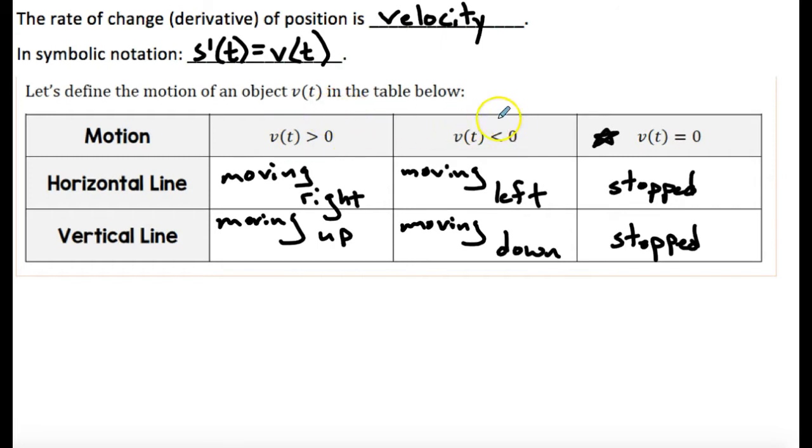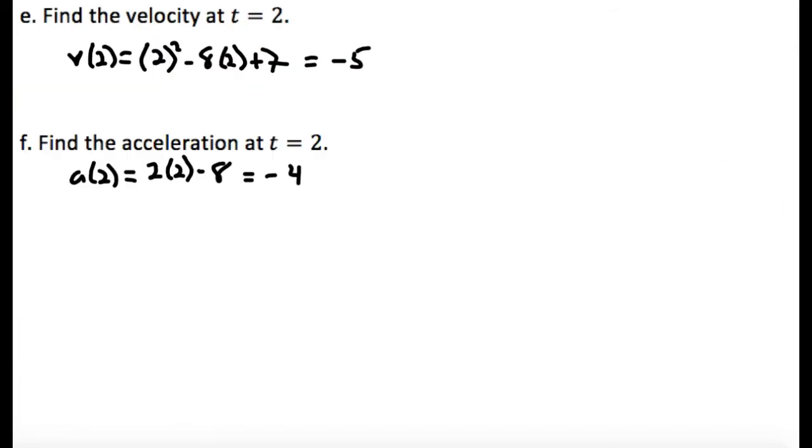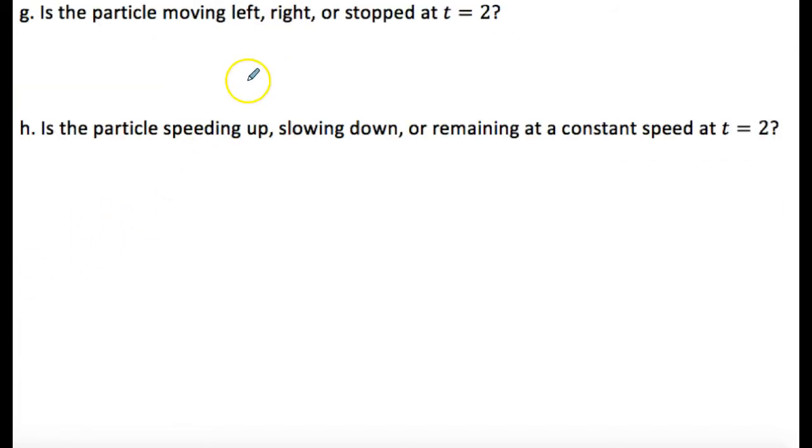Whenever my velocity is negative, that means I'm moving to the left. So, since v of 2 is negative 5, I'm moving to the left. We are actually going to skip h for now on this. That's something we're going to talk about tomorrow.